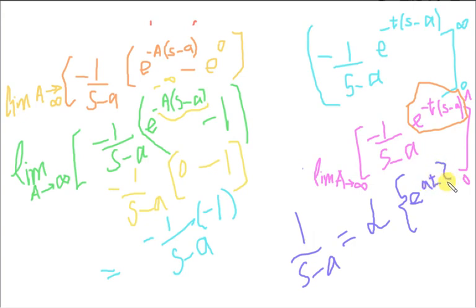In the last video we had seen the Laplace transform of 1. The Laplace transform of 1 was 1 over s, and the Laplace transform of e raised to power at is equal to 1 over s minus a.